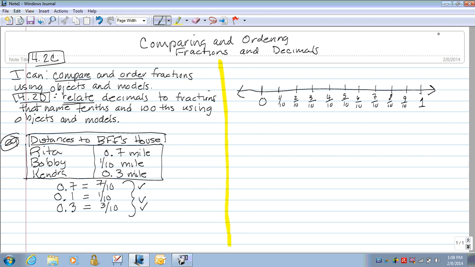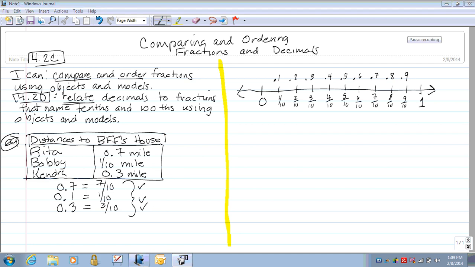Push pause. At the top of the number line, I am going to write the fractional parts in decimal form. So this would be 1/10, 2/10, 3/10, 4/10, 5/10, 6/10, 7/10, 8/10, 9/10.